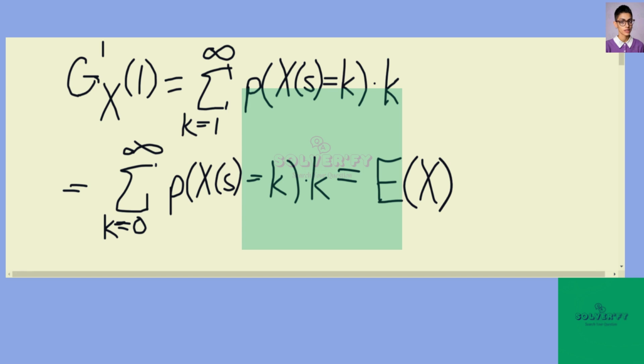In part C, we're asked to show that the variance of X is G_X double prime of 1 plus G_X prime of 1 minus G_X prime of 1 squared.